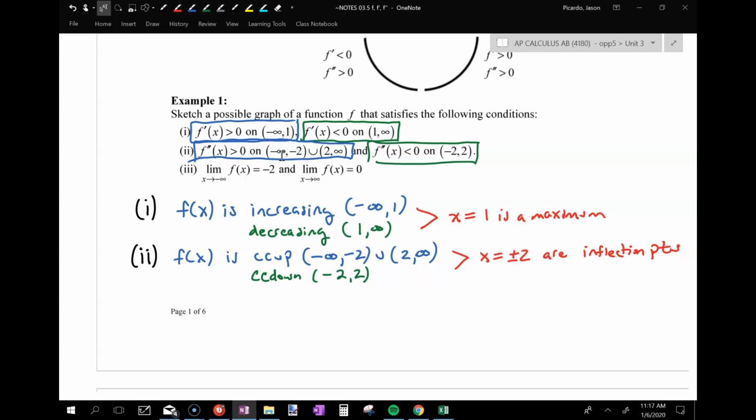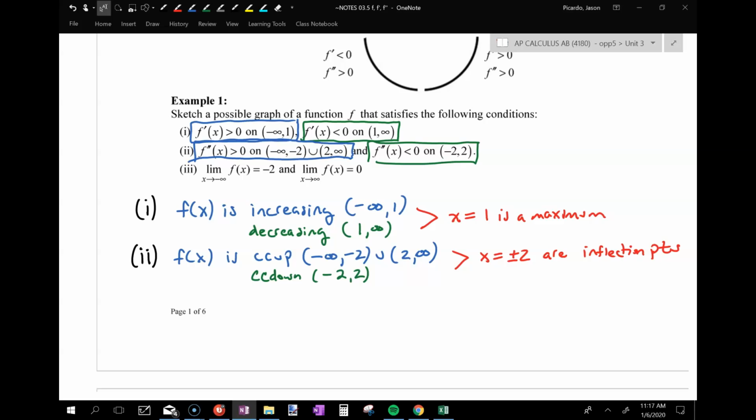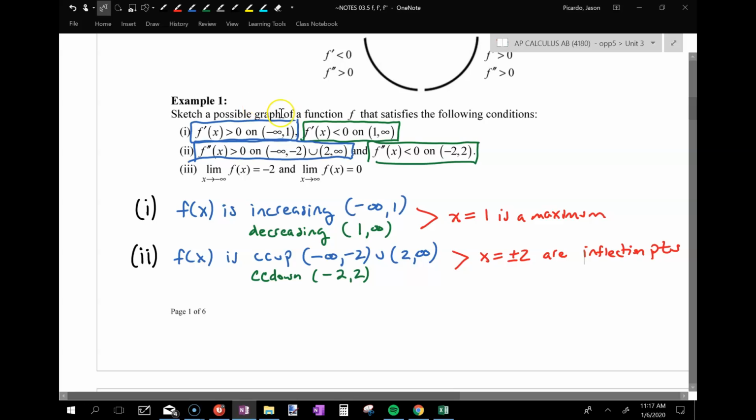As I move to the left, my graph approaches negative 2, right? It's a horizontal asymptote. That's exactly right, right? So I'm going to have a horizontal asymptote at negative 2. But again, where is that horizontal asymptote occurring? As I move towards negative infinity, right? So as I move to the left, I'm approaching an asymptote at negative 2, okay?